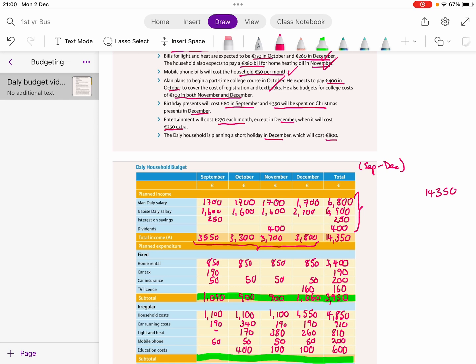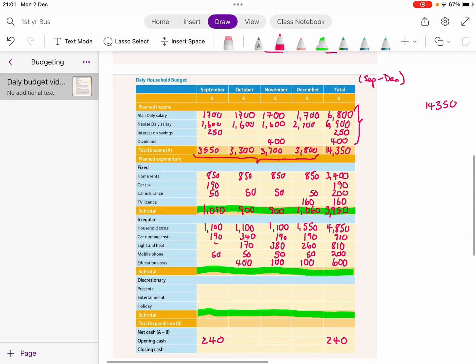So again, girls, this is where I need to total everything up. So I'm adding my 1,100, my 190 and my 50, and I get 1,340. I do the same thing for October. I have a little bit extra in this month. Altogether, I have 2,060.